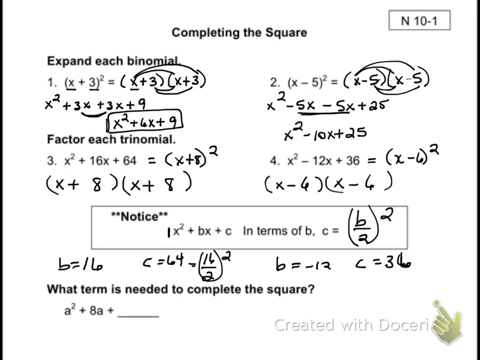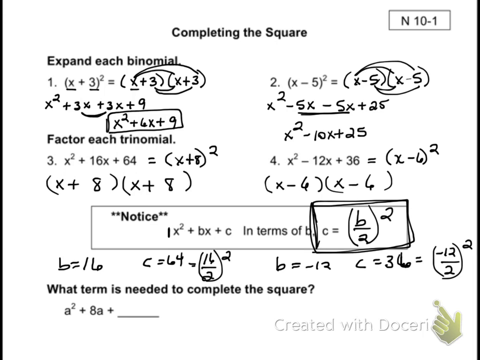If I have negative 12 divided by 2 and then I square it, I end up with positive 36. Negative 12 divided by 2 is negative 6. Negative 6 times negative 6 is positive 36. And this information we're going to use to do the rest of our worksheet.